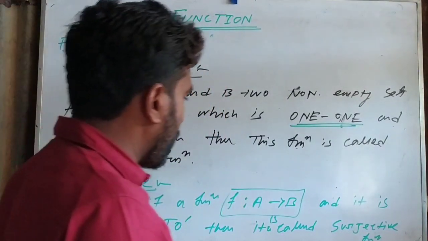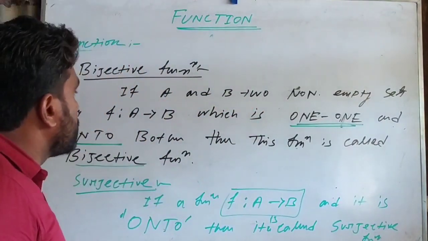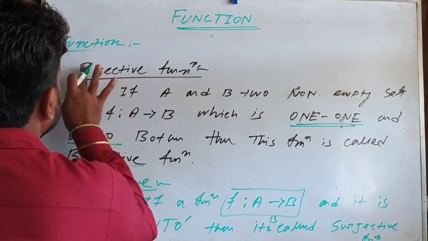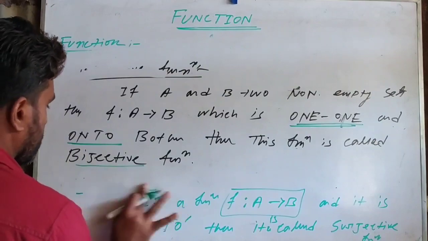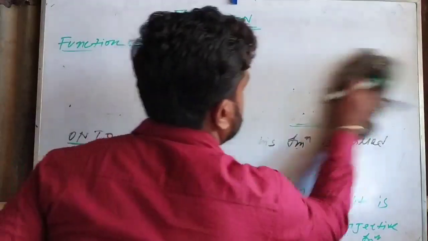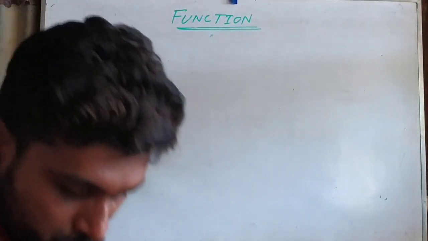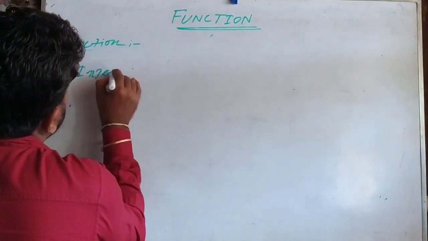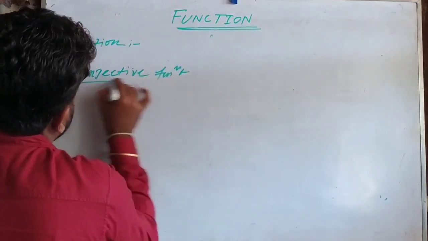then surjective function, then उसके बाद the next property is injective function. Injective function, just write it, injective function. इंजेक्टिव क्या होता है, एक फंक्शन जो है वो इंजेक्टिव function.